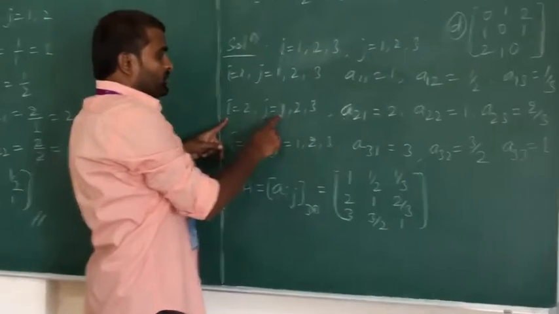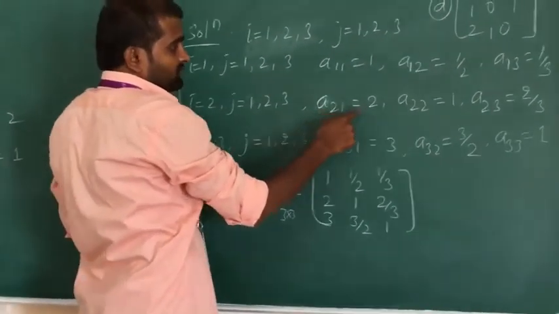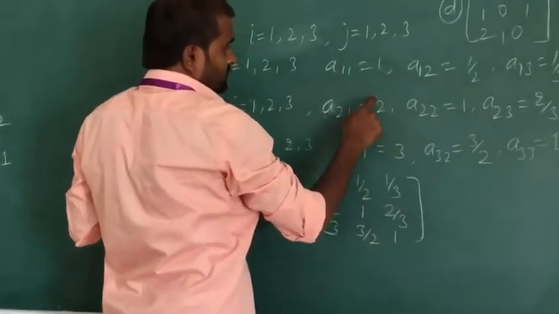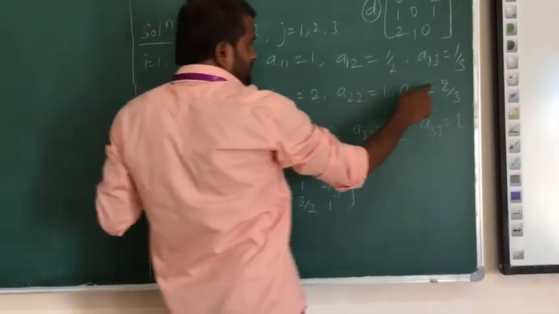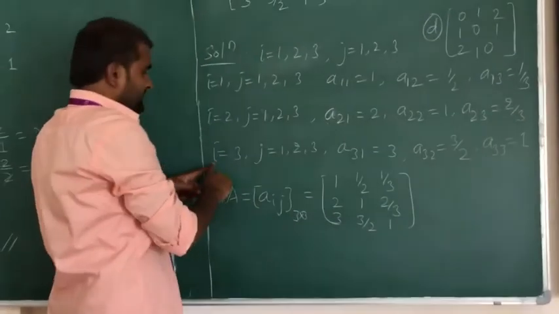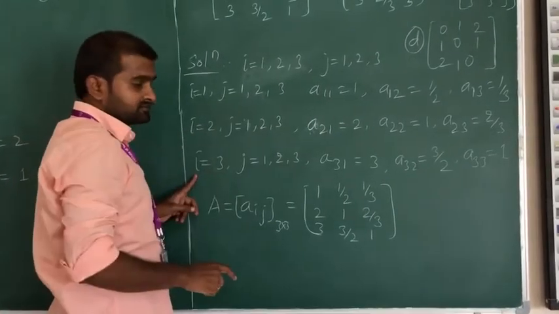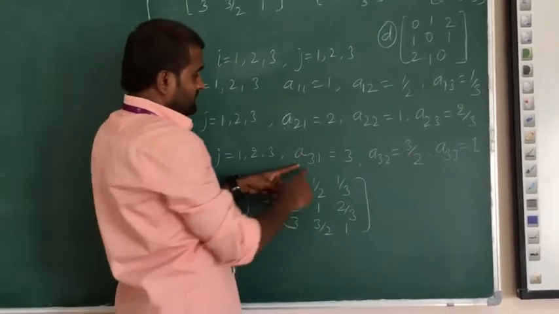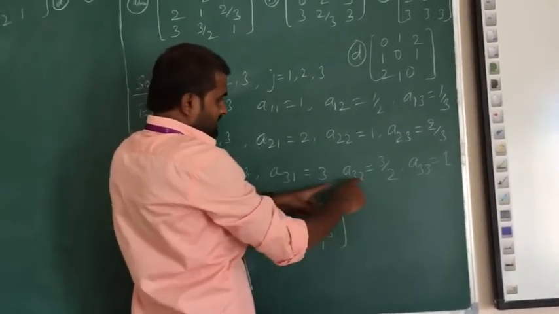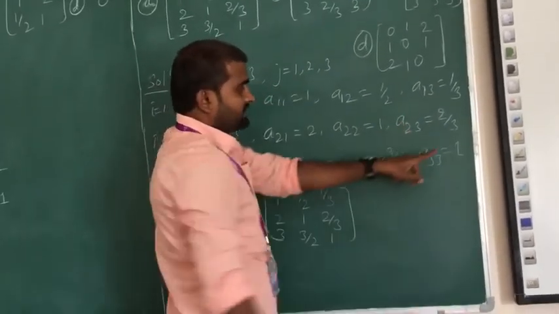Then i is 2, j is 1, 2, 3: 2 by 1 is 2, 2 by 2 is 1, then 2 by 3. Then i is 3: A31, A32, A33. 3 by 1 is 3, 3 by 2, then 3 by 3 is 1.